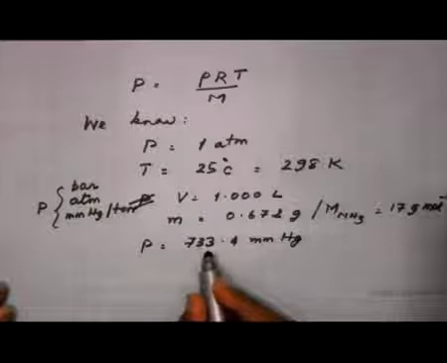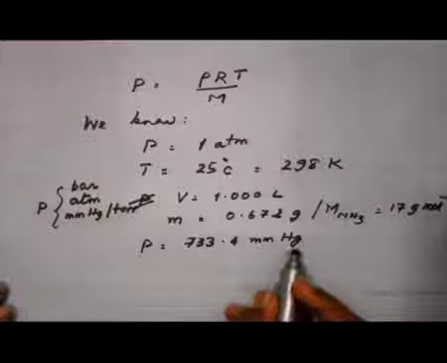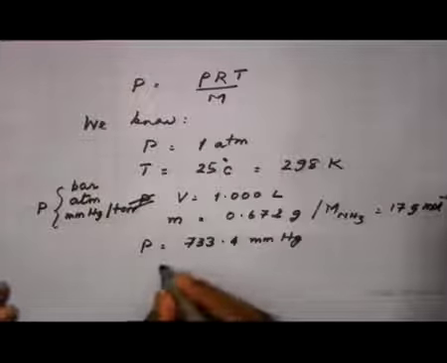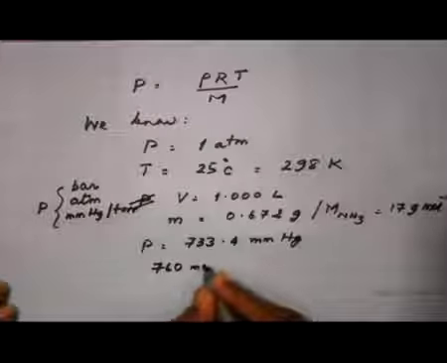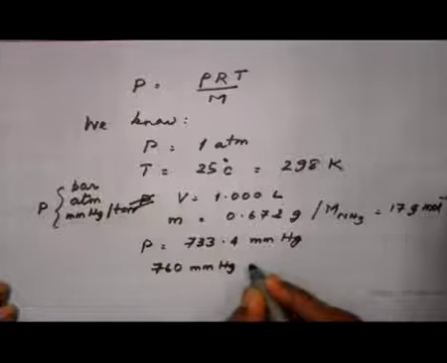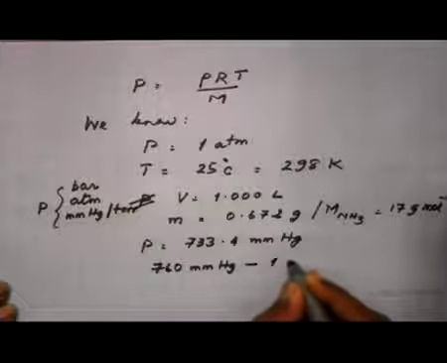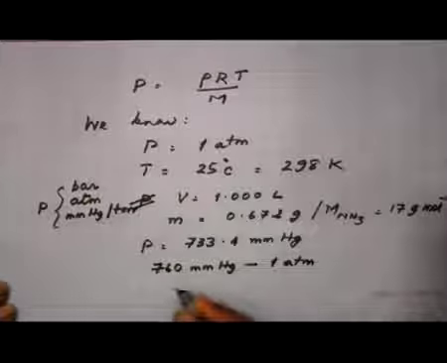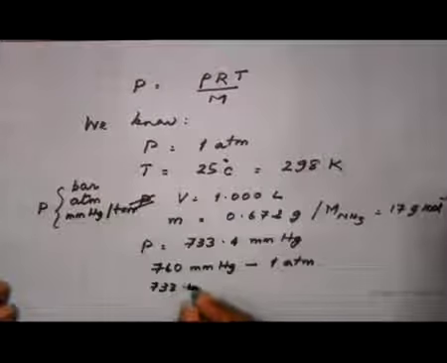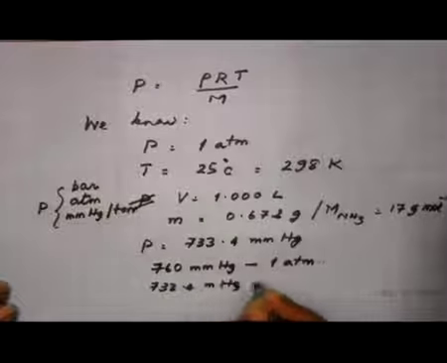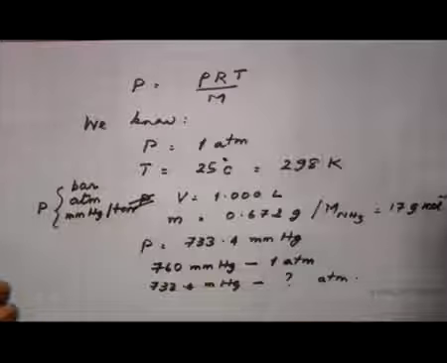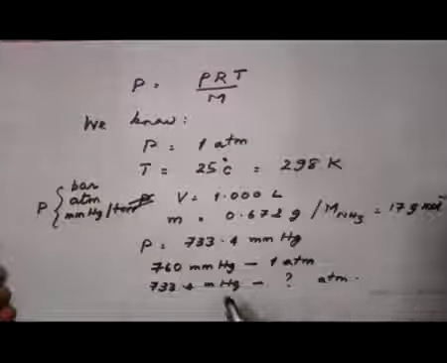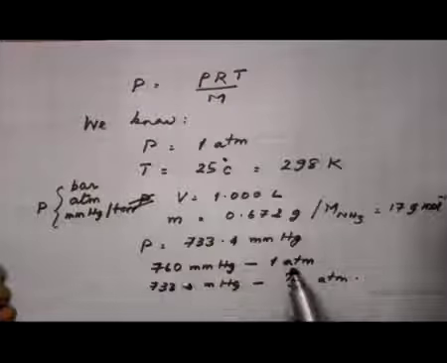We know that 760 millimeters of mercury corresponds to 1 atm pressure. So, given 733.4 millimeters of mercury, you can determine what it is in atmospheres from a straightforward linear relationship.